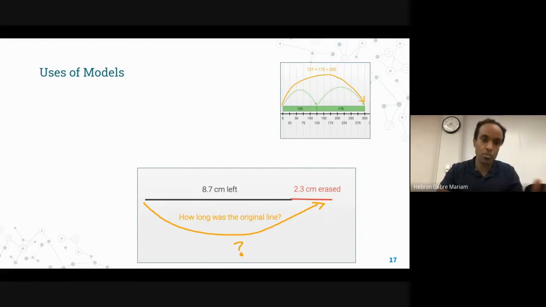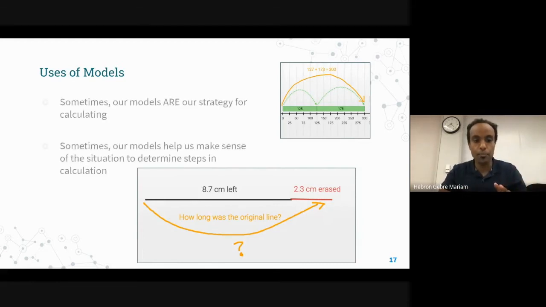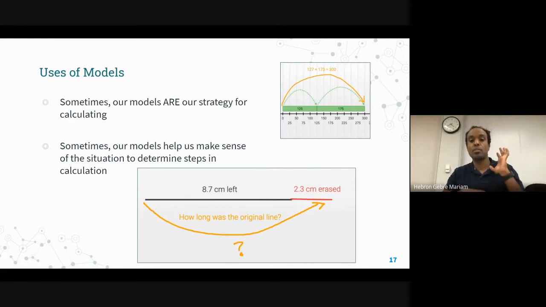We talk about models and strategies a lot. Models are visual ways to make sense of an addition-subtraction situation. Sometimes models are our strategy for calculating, as you can see in this number line where we're adding these two values. That's pulled from some of the samples that we've put in.